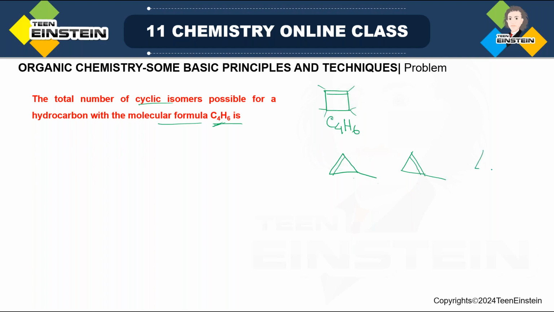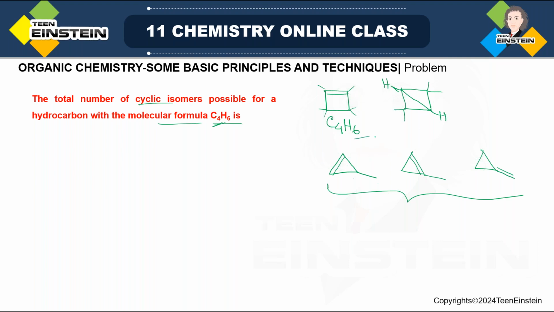So that is another possibility. The double bond can also be exocyclic, that is outside the cycle. So this is another possibility. Now when it is a 3-member ring, these are the possibilities, and when it is a 4-member ring, we have drawn only one. Is it the only possibility? Actually here another type of structure is also possible. If you simply join these 2 carbons, here you will have 1 hydrogen, 1 hydrogen, 2 hydrogen, 2 hydrogen.